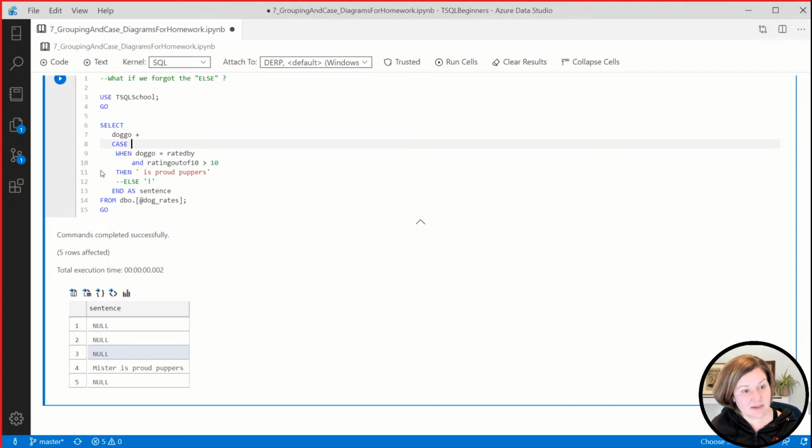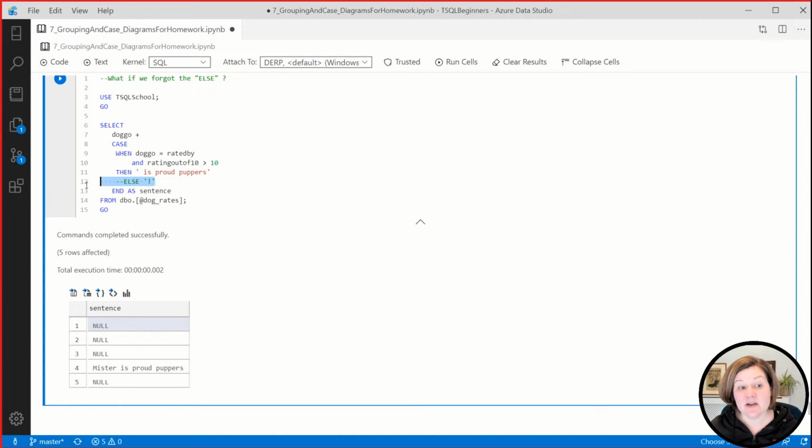One might think that without the else, I would get the dog name without the exclamation mark. Whenever you combine anything with a null, you get a null out of there. So if you combine anything with the abyss, you get the abyss. So if you are combining strings or combining anything and there are nulls in there, be really, really careful how you handle that.